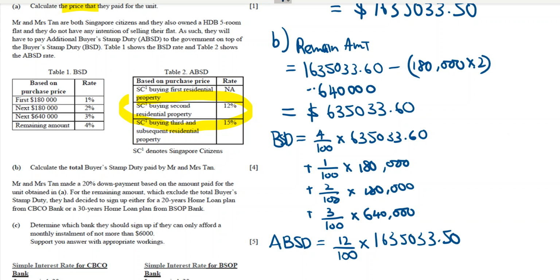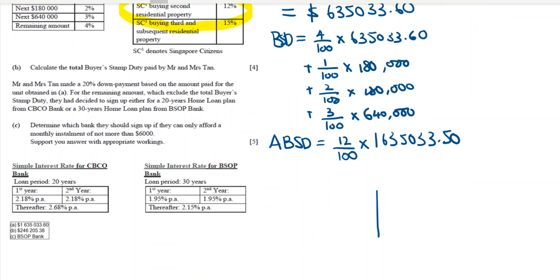So you use these to find your BSD and your ABSD, and so the total stamp duty will equal your BSD plus your ABSD, and you will get your answer. So that's how you find the stamp duty.